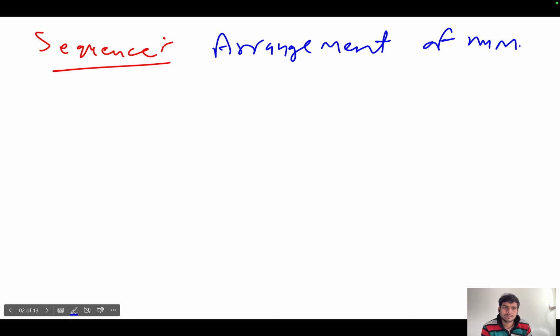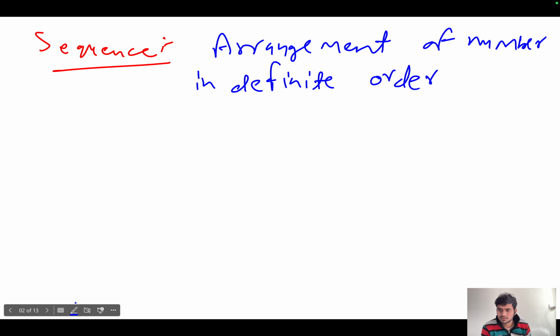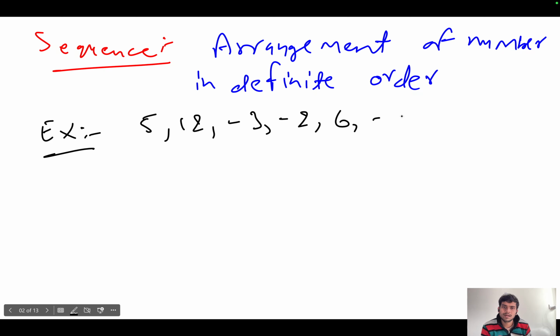For example, 5, 12, -3, -2, 6, like this. It is just an arrangement of numbers.